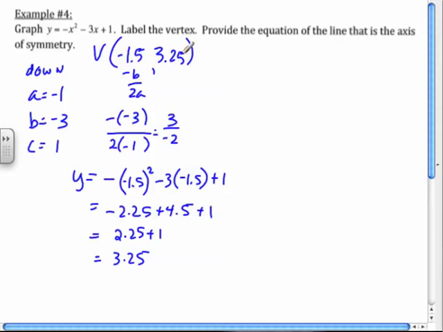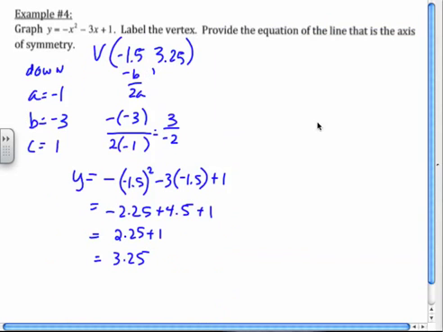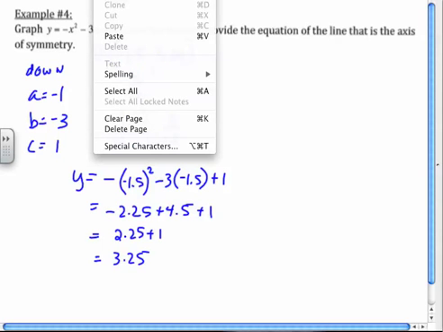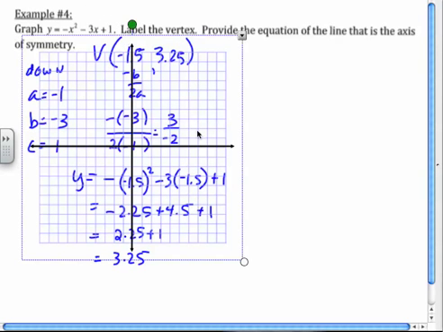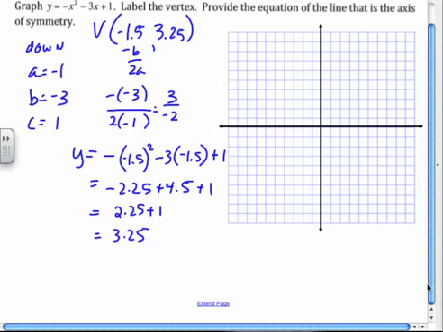And you know what I need? Let me go back over here, and I'm going to copy this graph so that I can use it here. Let's move that thing over this way. Alright. Now, I'm at negative 1.5 and positive 3.25. So about right here.